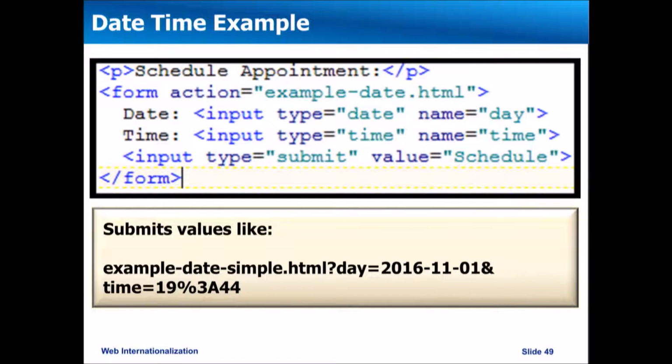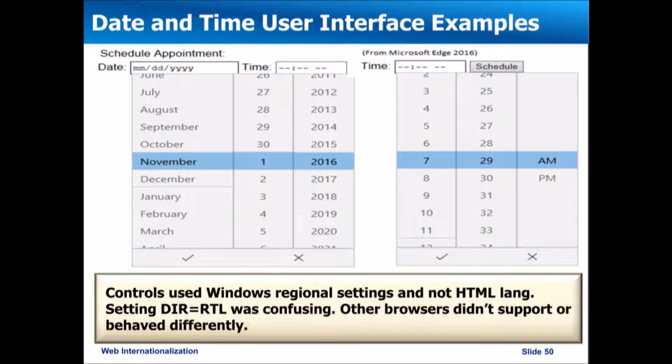But to give you an idea, if I say the input type is date and the input type is time, then what it's going to submit is a URL. It says here's where it starts. So the name for this field was day and time. So day equals, and it's going to be always year, month, day. And the time also with the colon, %-encoded. And this way, no matter where people are sending you information from, it always comes to you in the same format. So on the server side, you can parse it.